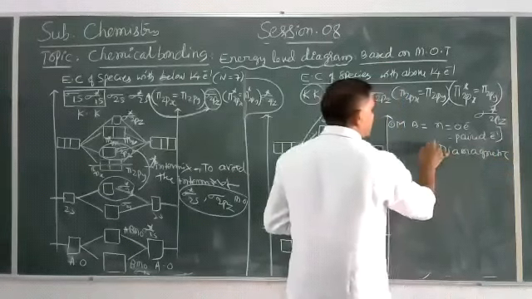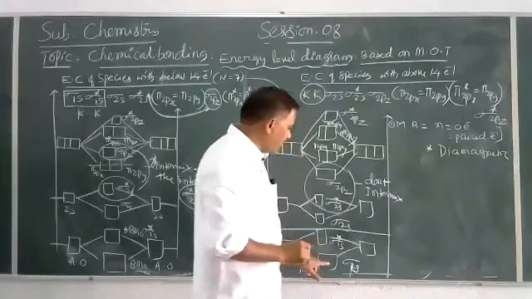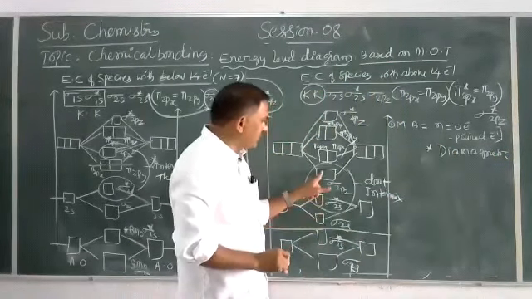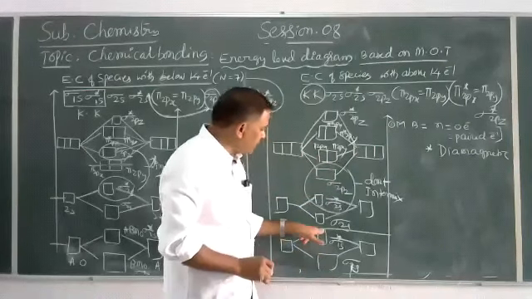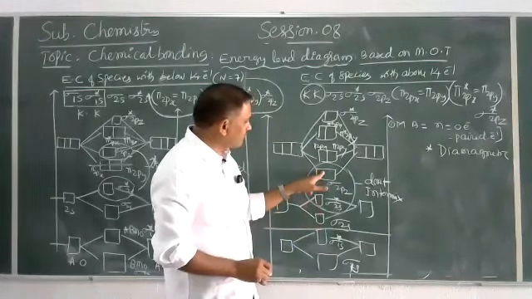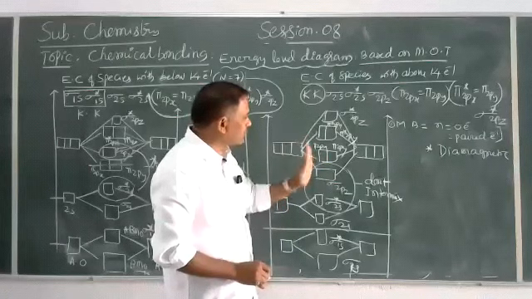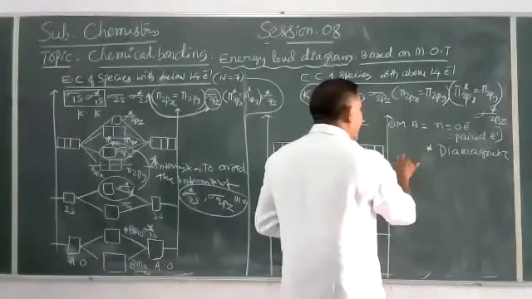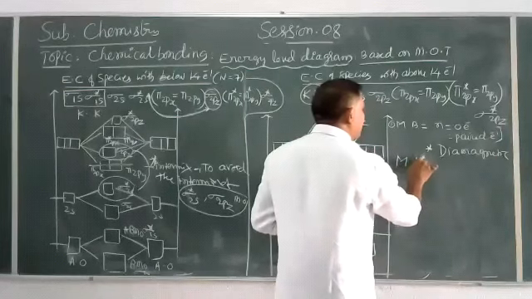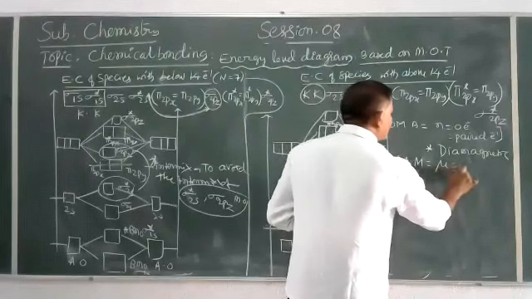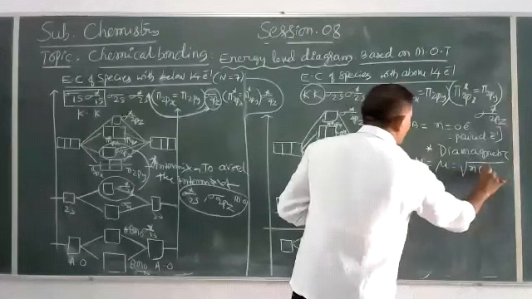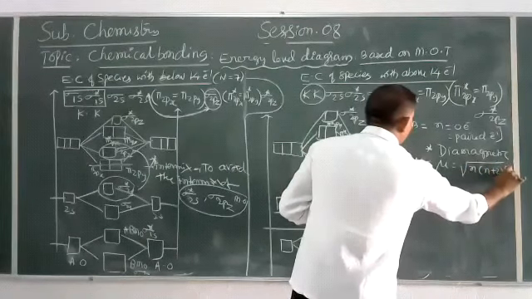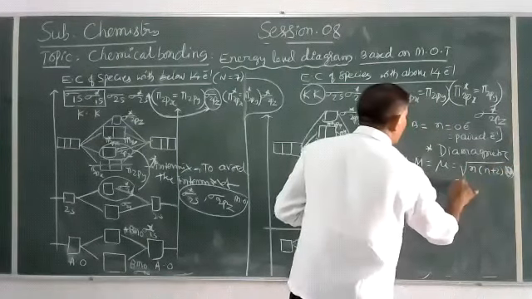Very, very important. Vacant means all of these are vacant, or maybe it contains 2 here, 2 here, 2 here, 2 here, 2 here. There is no single electron, no unpaired electrons. That is diamagnetic. And its magnetic moment mu equals the square root of n into n plus 2 BM. This answer is also equal to 0.